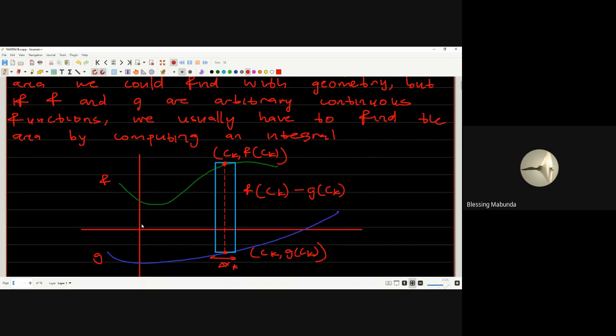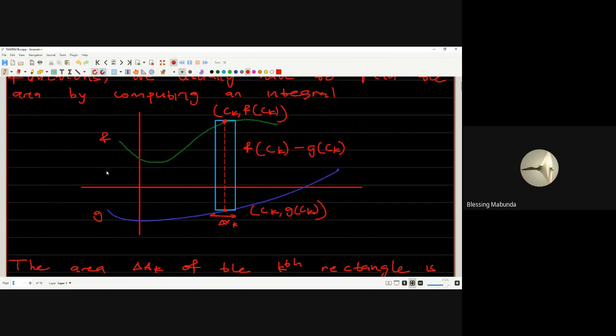And what we're saying is that above that region, there's this function f that bounds it, and beneath it is the function g, which bounds it. And then looking at its sides, we're going to see that there's x is equal to a, which bounds it there.